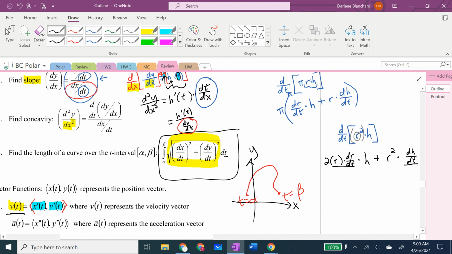So that path right there is the actual path of travel. And anytime you want to know the distance you have traveled on a path, it is the integral of speed.